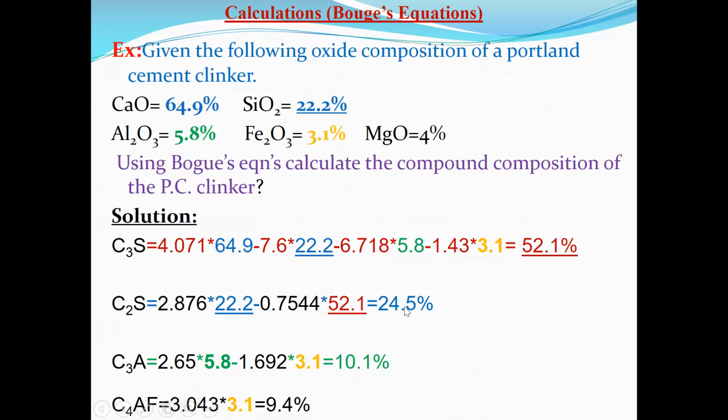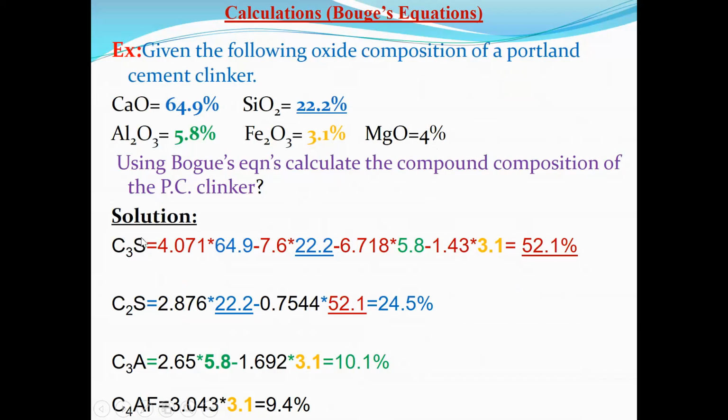An example is given. For a given situation, calcium oxide is 64.9%, silica is 22.2%, alumina is 5.8%, ferric oxide 3.1%, magnesium oxide 4.1%. Using the Bogue equation, calculate the compound composition of the PC clinker.